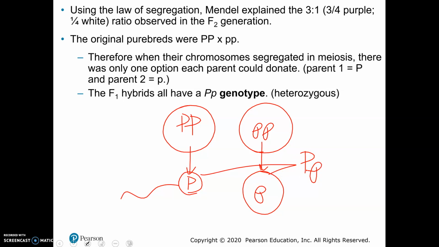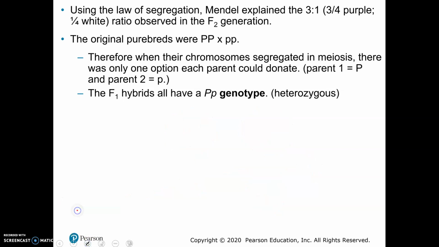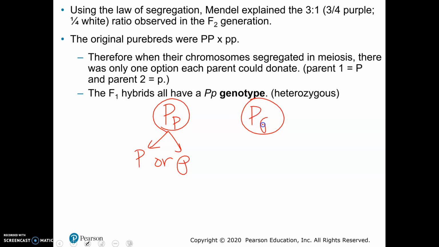But the F1s were hybrid or heterozygous. They were big P, little p. So what happens when it's heterozygous? Well, that means that during meiosis, parent number 1 can either give big P or little p. And parent number 2 could also give big P or little p. So what are we going to get in the offspring? Well, we could get big P, right? Or we could get little p.